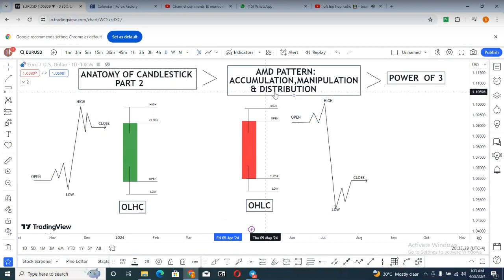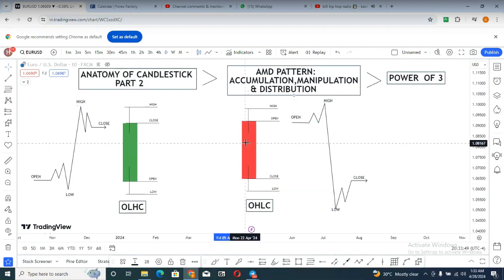Now, the AMD pattern is something I'm going to go into later in the future, but I want you to understand it's the same thing. That is just the basics. That's why we call it anatomy of candle. Going deeper into this part, then going into this part, they are all the same.